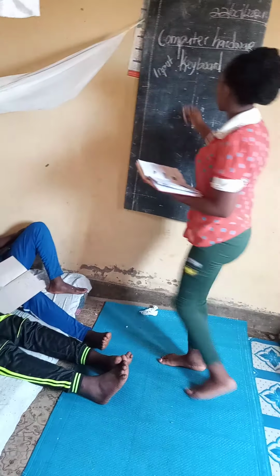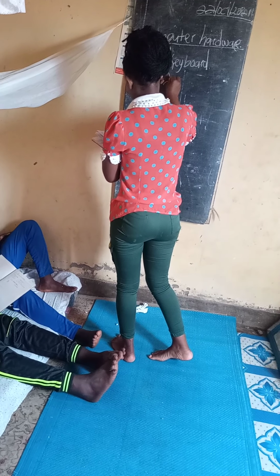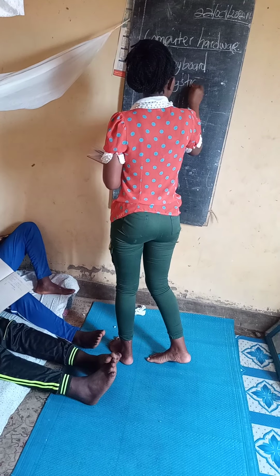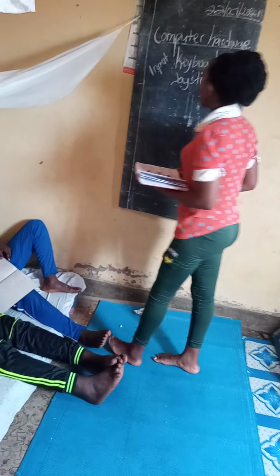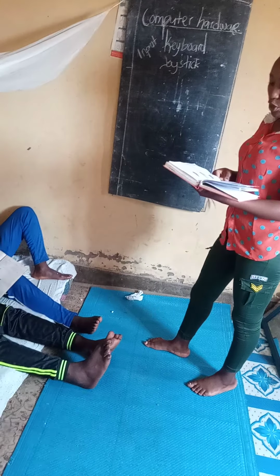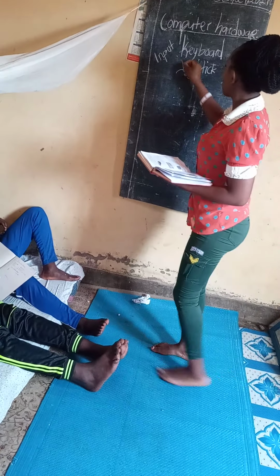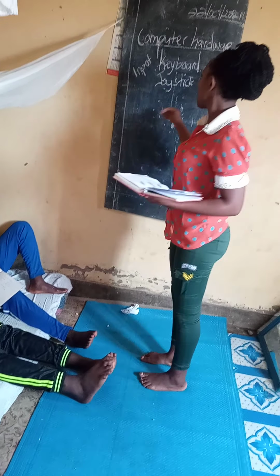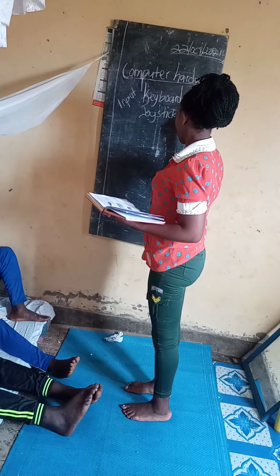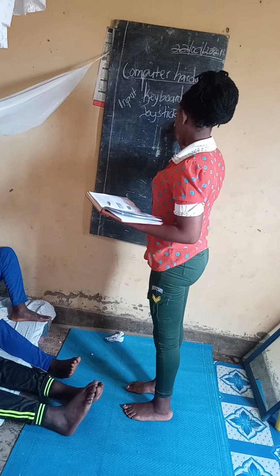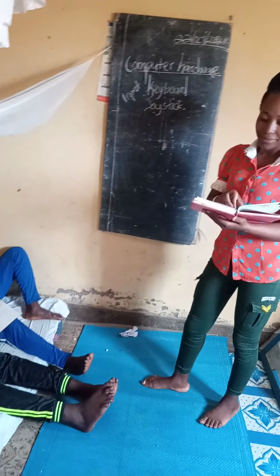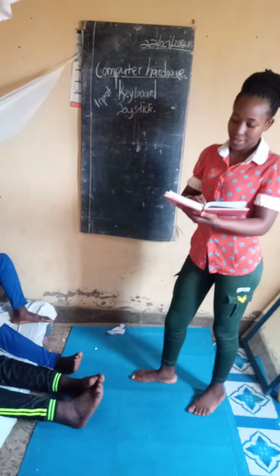A joystick is also an input device, which is also used in inserting data in a computer. You can use this joystick in case you don't have a mouse on a laptop. Like for those who are using laptops, you can use this joystick. Are we together? Yes.